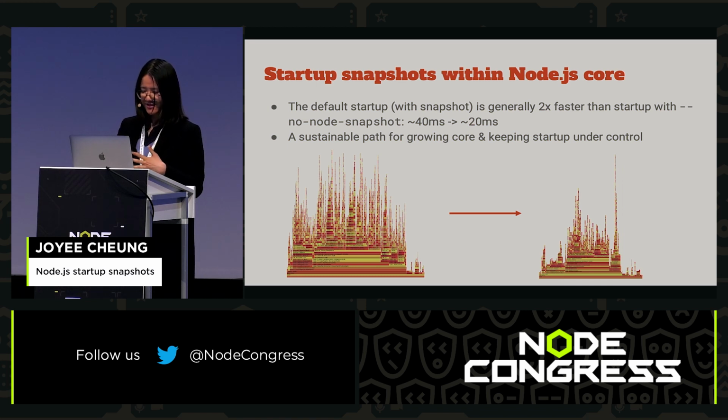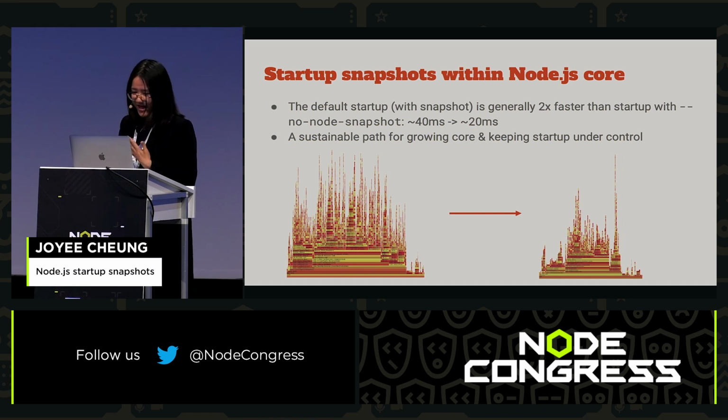On the left, that's Node core started up without the snapshot, and on the right, that's Node core started with the snapshot. You can see even on the flame graph, there's less to be done, and it's obviously much simpler and it runs faster.